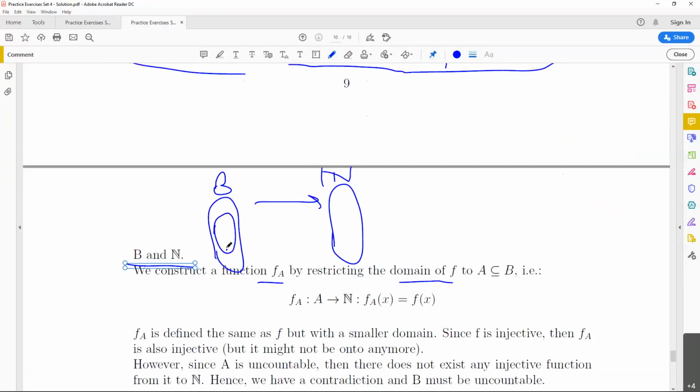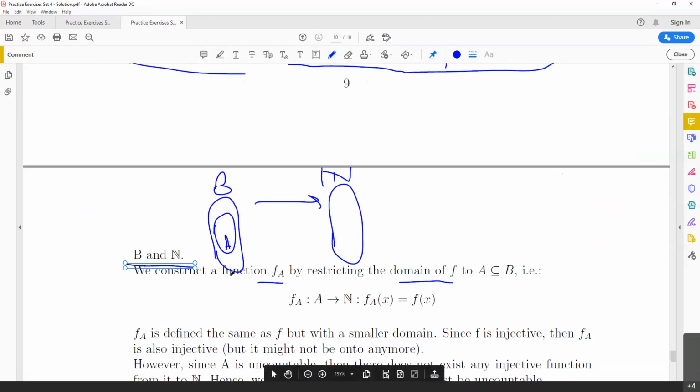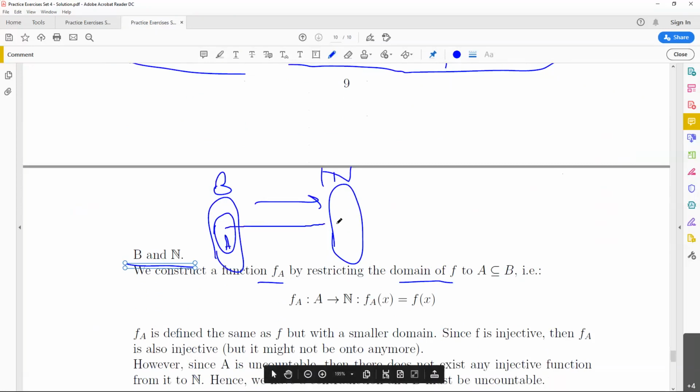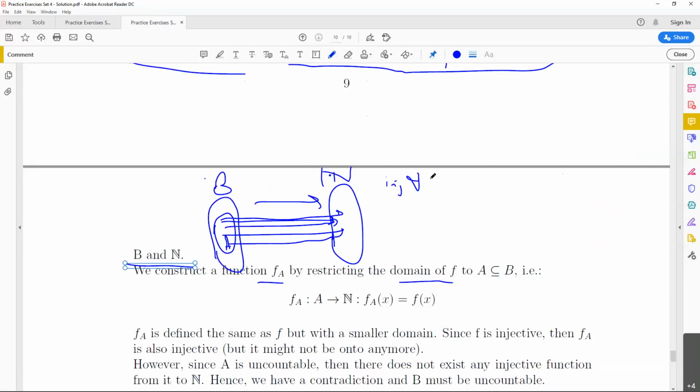So for the elements that are in A, we're just going to focus on these mappings. Instead of focusing on the whole set B, we are only going to look at A. Remember, B to N is a bijection, so it's both injective and surjective.